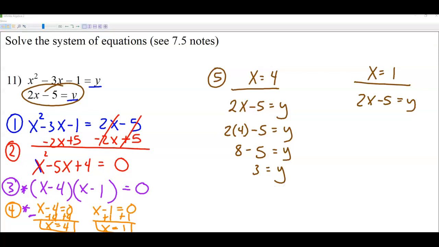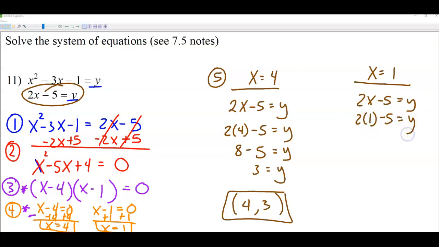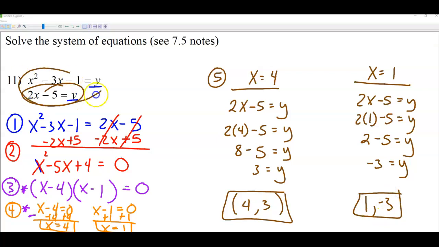As you guys can see, when x equals 4, y equals 3. And for this one over here, I'm going to plug in 1 for x. And therefore, when x equals 1, y equals negative 3. And so these two functions intersect twice at 2 different points. And so you have 2 answers for that one. Okay? All right.